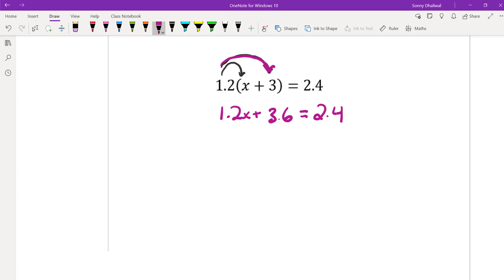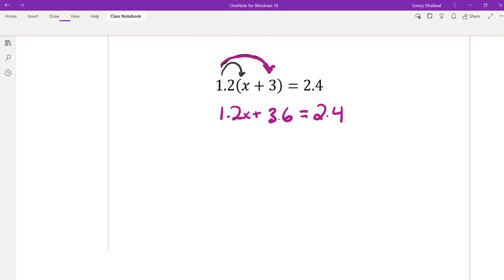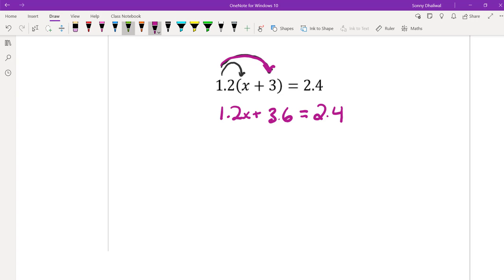2.4. Okay, we've got two numbers sitting there. Which one do you move first? You can move any of them. Add, subtract, multiply, or divide to get rid of it. Minus. These cancel out. 2x, and 2.4 minus 3.6 is negative 1.2.